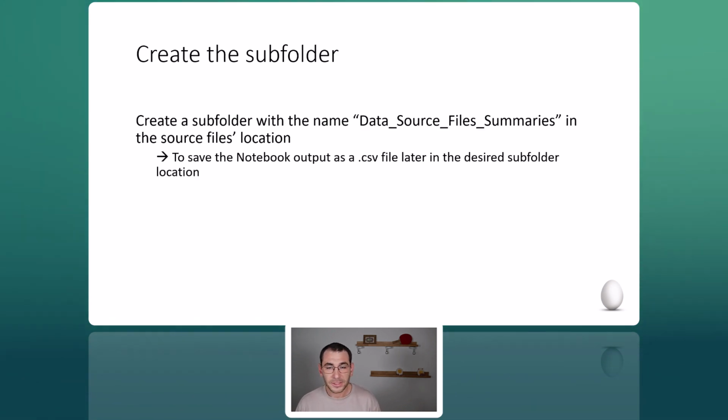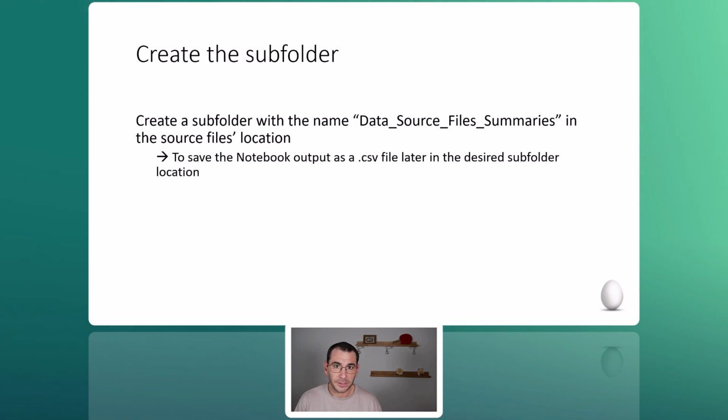Okay, so the first step is to create a subfolder in our Lakehouse file location, and we're going to name the subfolder data source file summaries. We have to set this up first because when we query for all the different files in the directory of the Lakehouse files, we will also experience the output giving us a summary of a directory, for example, the subfolder data source file summaries.